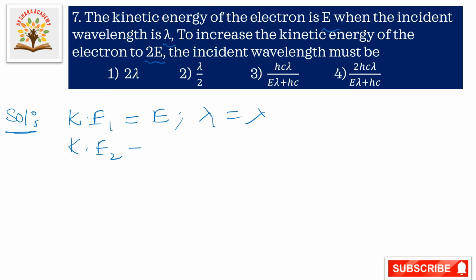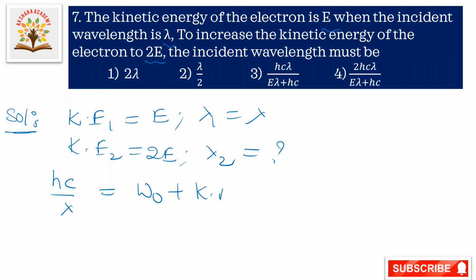KE2 is equal to 2E and lambda 2 is equal to question mark. Hc by lambda is equal to work function plus kinetic energy, and Hc by lambda 2 is equal to work function plus kinetic energy.